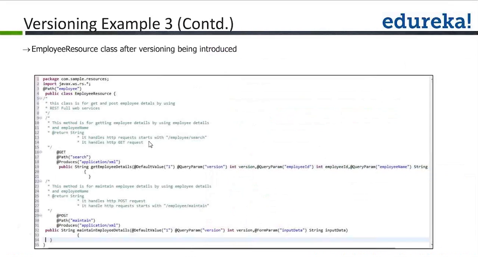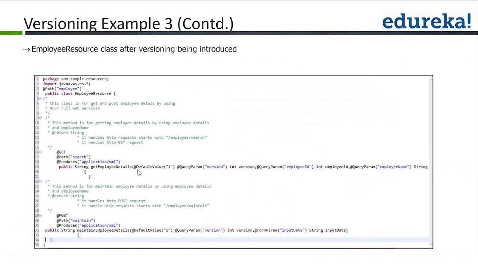So what you will do, in the get employee detail method, you will introduce a parameter. It says query param version. So the client will now send you the version as well. If you remember, we saw one of the examples, accept application JSON version equal to 1 or 2, whatever. In the previous version, when there was no other version, you would not see any query param.